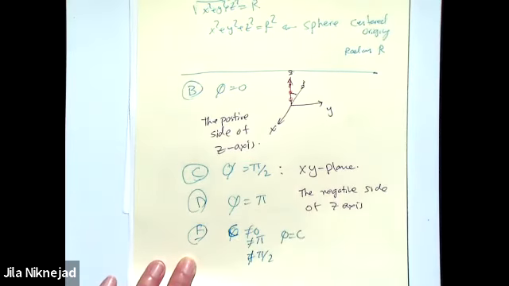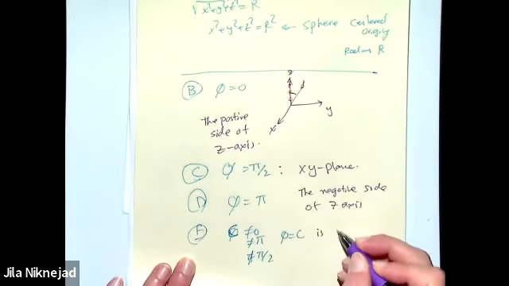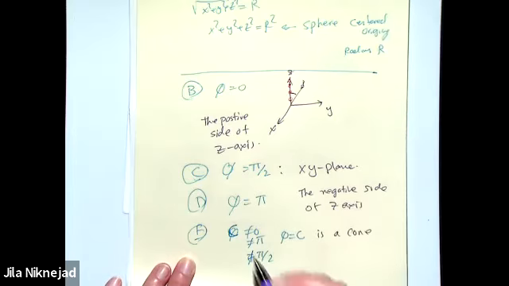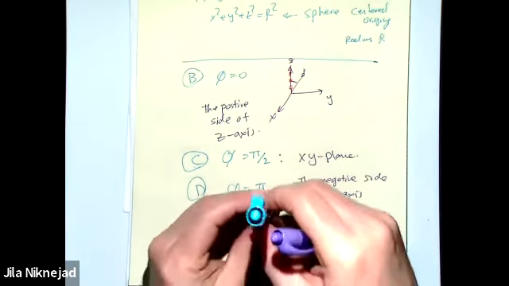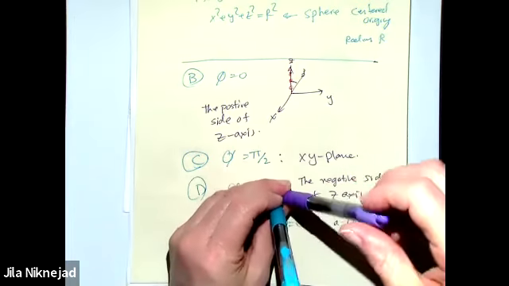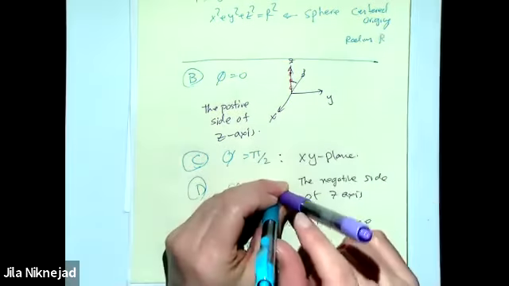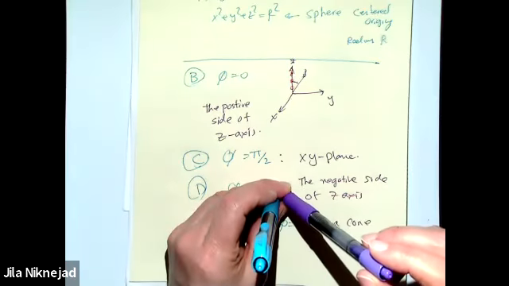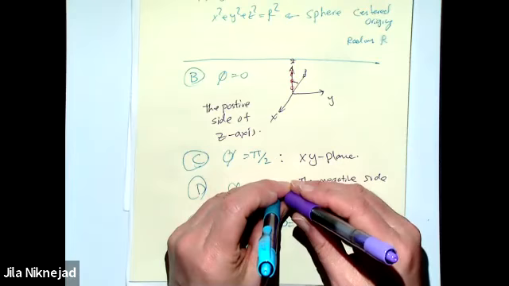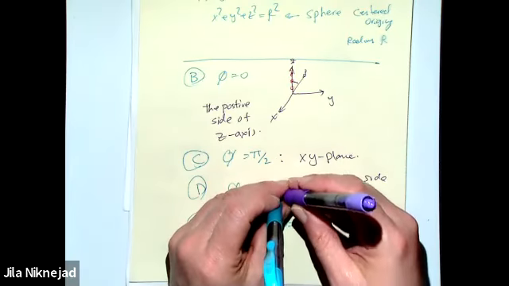Phi equal to C is a cone. It's just basically, this is the z-axis, and you're going to keep the phi the same, and the purple is the position vector.